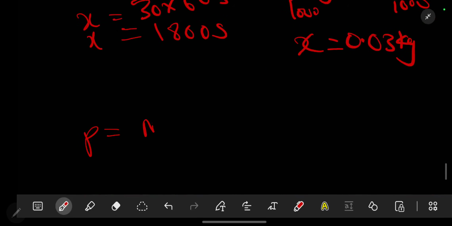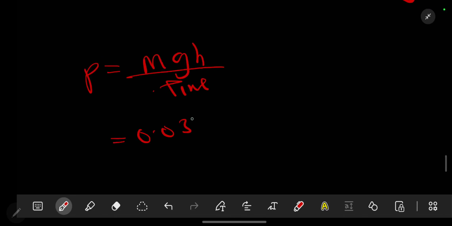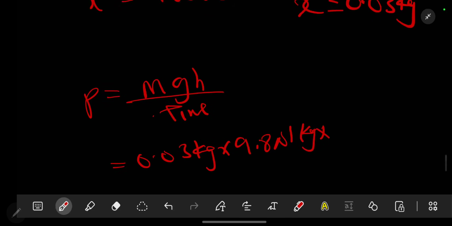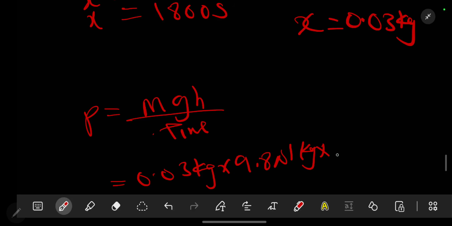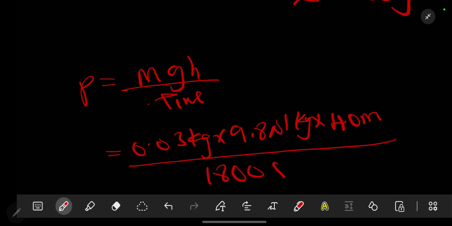So we are saying power is equal to mgh over the time. Our m is 0.03 kg, by our gravity, which is 9.8 newtons per kg, times our height. Our height, we are told, is 40 meters, then over the time, which is 1800 seconds.